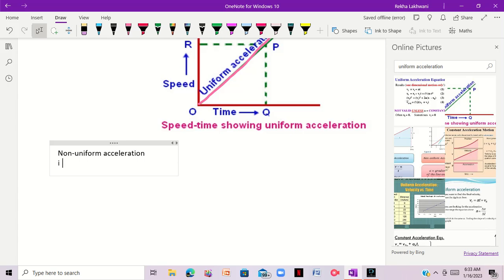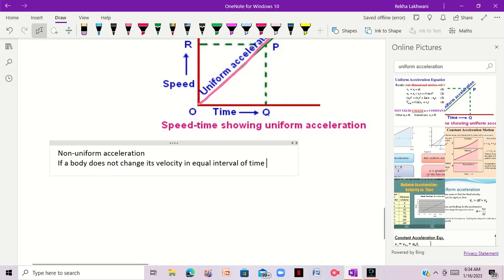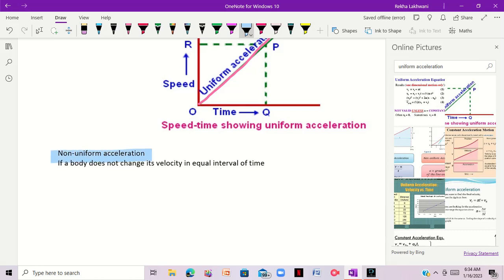Now if a body does not change its velocity in equal interval of time, that is known as basically non-uniform acceleration, right?